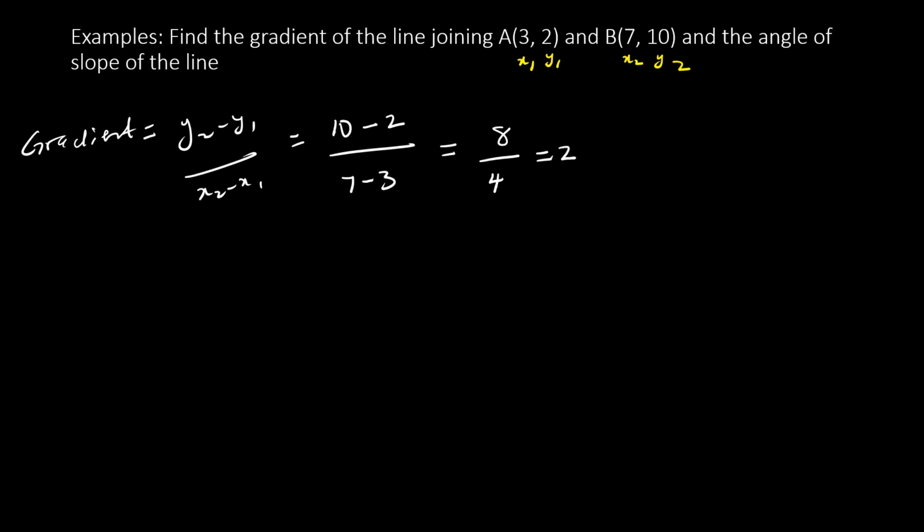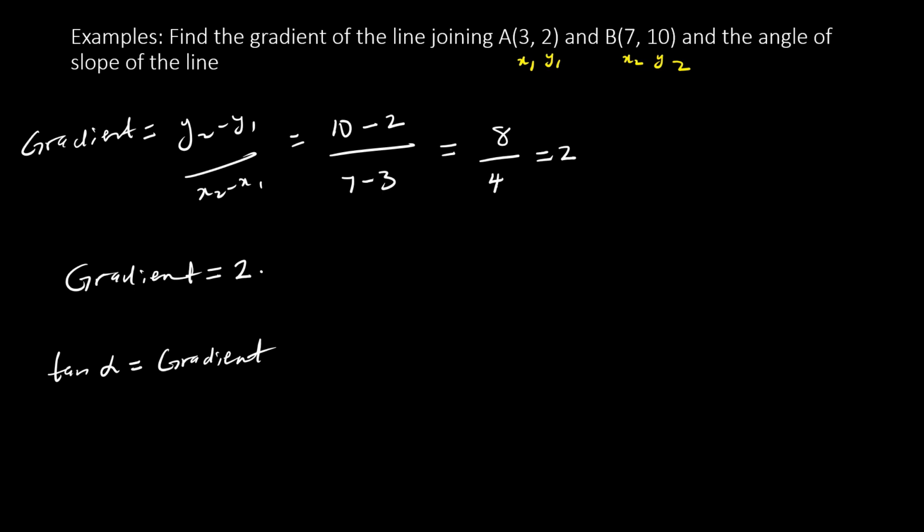So we now have gradient to be equal to 2. That's the first part of this question. The second part, the question says the angle of slope of the line, that is however, as we looked at in the previous slide. So we know that tan alpha equals gradient, and we're looking for alpha.